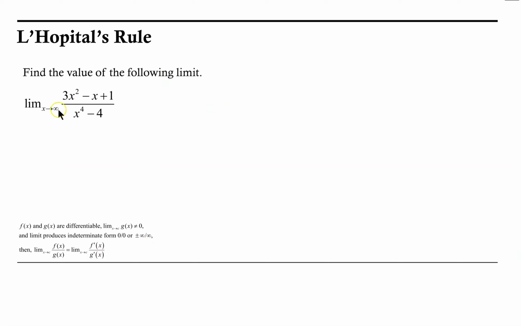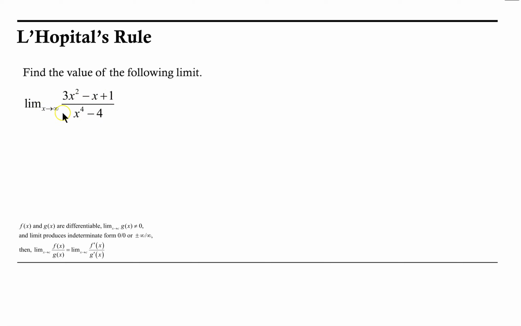Let's evaluate the limit as x approaches infinity of (3x^2 - x + 1) divided by (x^4 - 4). Notice that this numerator is a quadratic or a parabola. So as x approaches infinity, the behavior of this numerator will approach infinity.